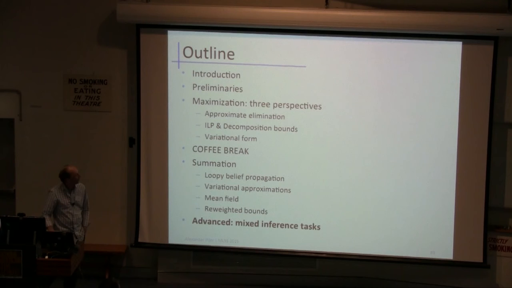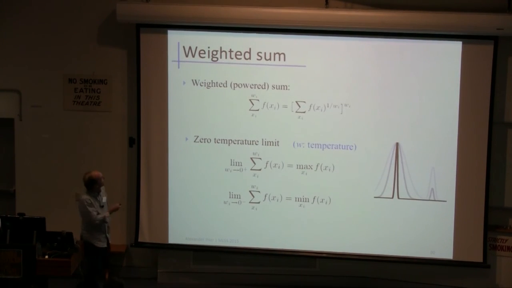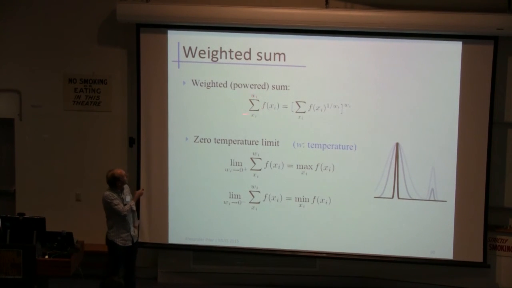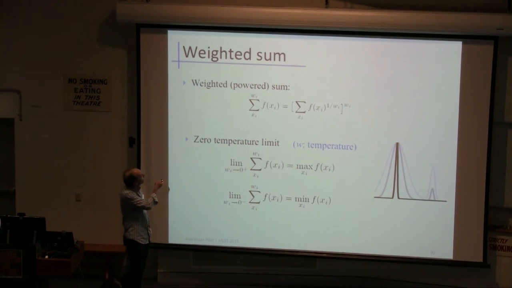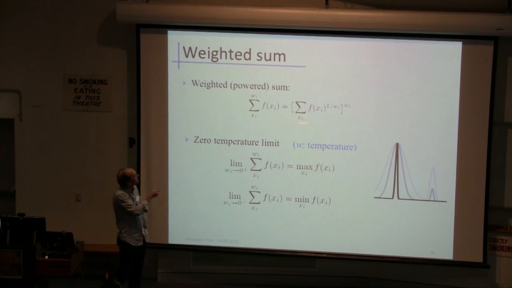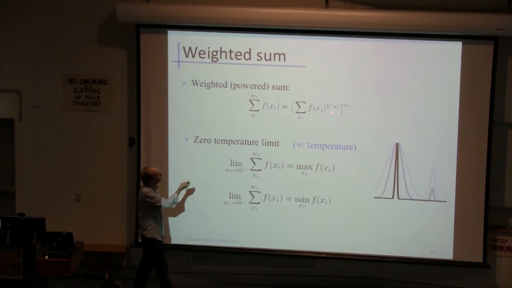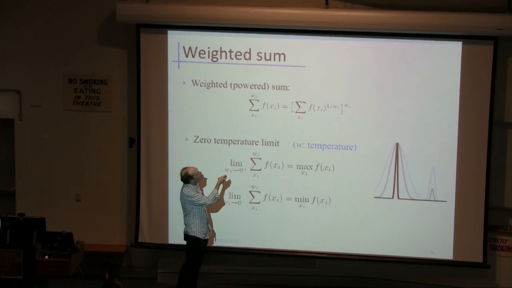So I just want to mention one last thing about this mixed inference that I mentioned at the beginning. This view of weighted elimination that lets us do upper and lower bounds actually has a lot of other power to it. So this weighted elimination operator that I defined, this powered sum, has the property that if the weight goes to 0, you end up with f to the infinity.